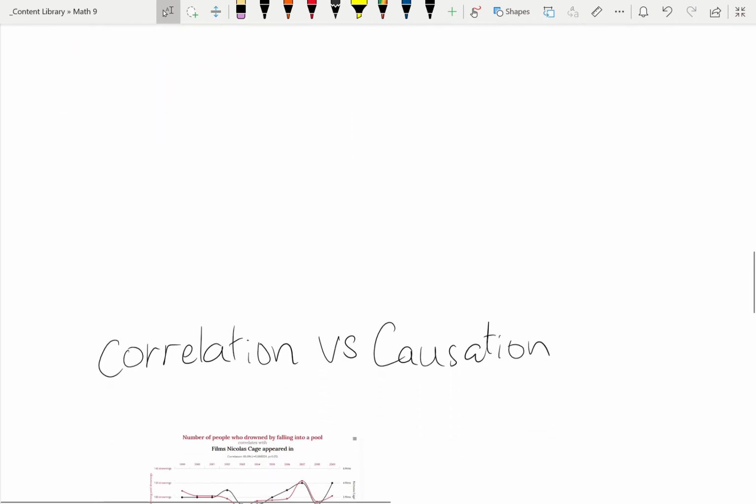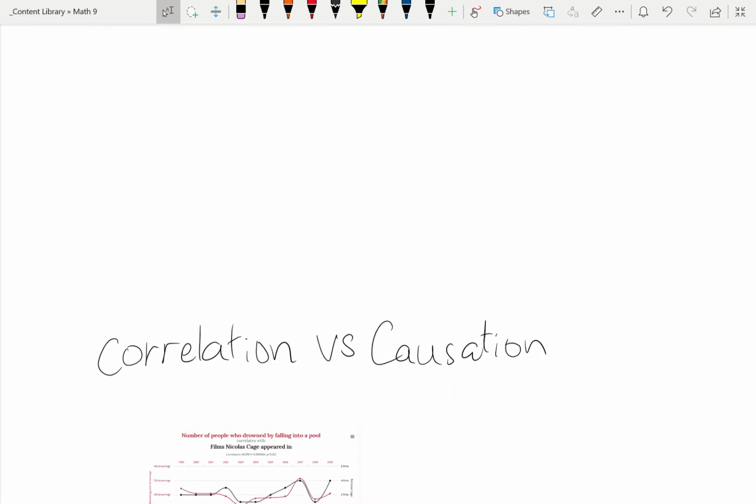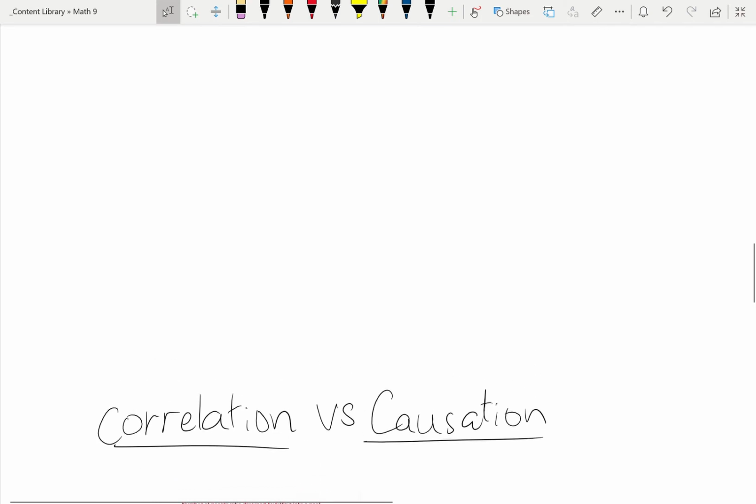All right. I want to pause for a second because this comes up a lot, and this shows up in news articles. There's this idea of correlation and causation. Correlation, as we've talked about, is that there is a relationship or a pattern between two variables.